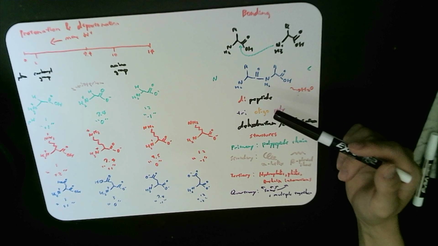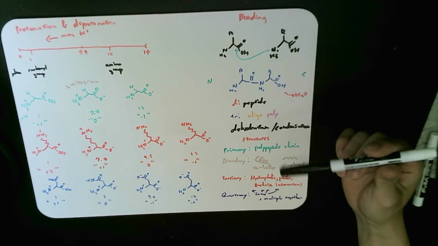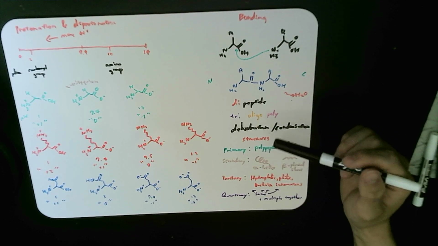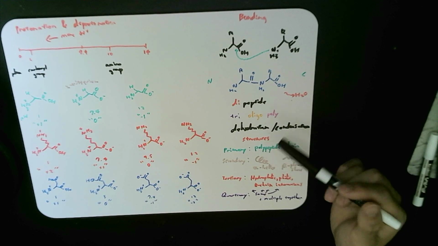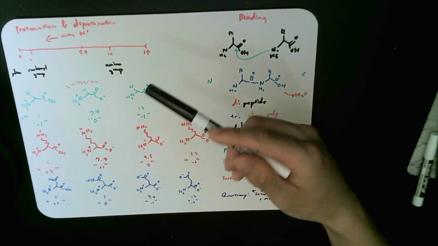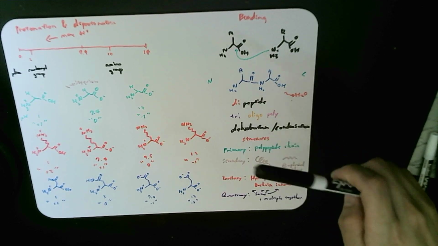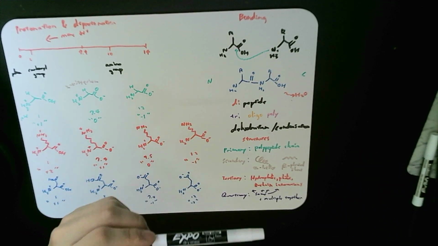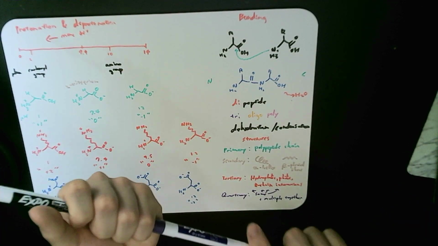Alright, let's quickly go through the structures of the potential peptide chains. So for a primary chain, you just have your amino acids linked together, and for a secondary, you can have either an alpha helix, which turns and spins, or a beta pleated sheet. So you have your normal amino acids grouped together, right?